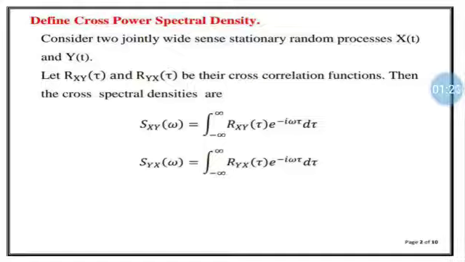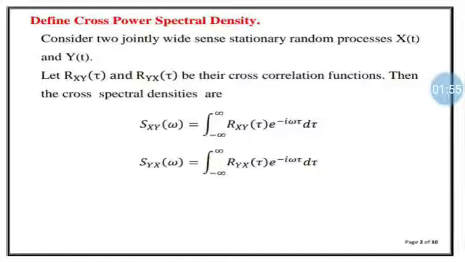Then the cross spectral densities are Sxy of omega equal to integral from minus infinity to infinity of Rxy of tau into e power minus i omega tau d tau, and Syx of omega equal to integral from minus infinity to infinity of Ryx of tau into e power minus i omega tau d tau.